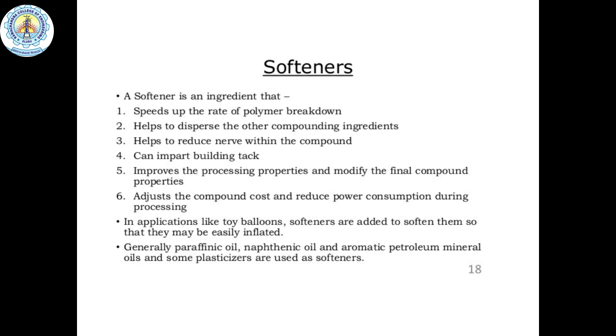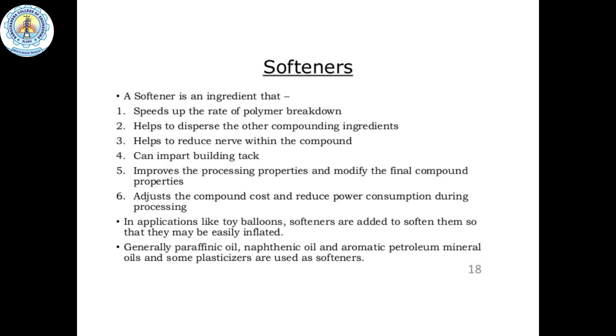Coming to the softeners. Softeners speed up the rate of polymer breakdown, and they also help to disperse the other compounding ingredients, help to reduce nerve within the compound, can impact the building tack, improve the processing properties and modify the final compound properties.